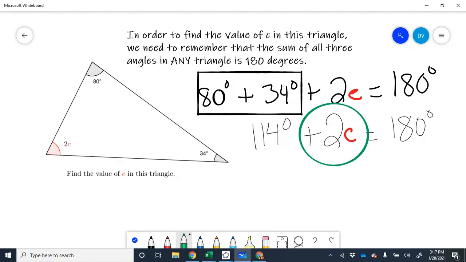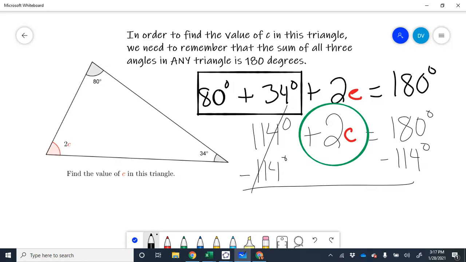Well, we can isolate it by subtracting 114 degrees from both sides. What will the new equation be when we subtract 114 from both sides? The new equation, when we simplify this, we're going to rewrite everything that we didn't cross off.